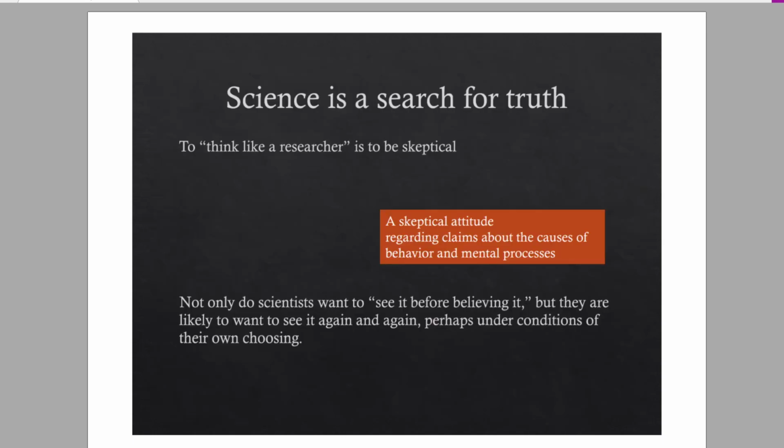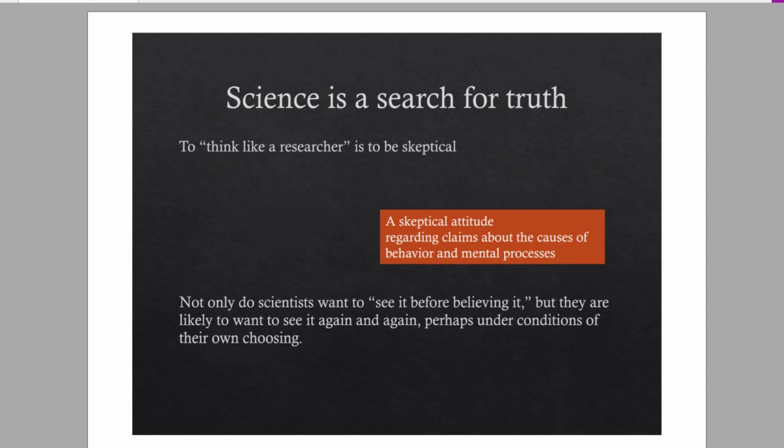So science is a search for truth. Some people call it epistemology. So to think like a researcher, you have to be skeptical. A lot of researchers think about ideas or read about literature and have a skeptical attitude towards those.